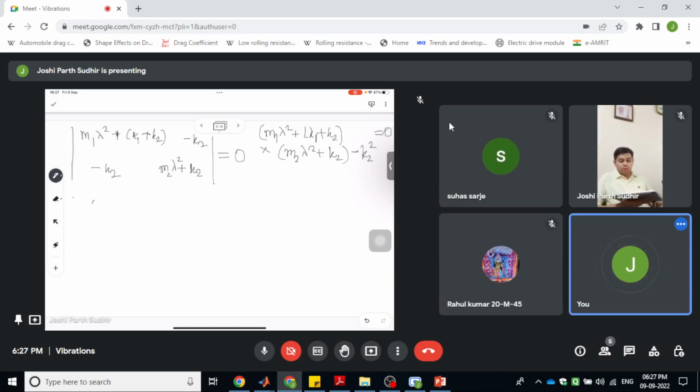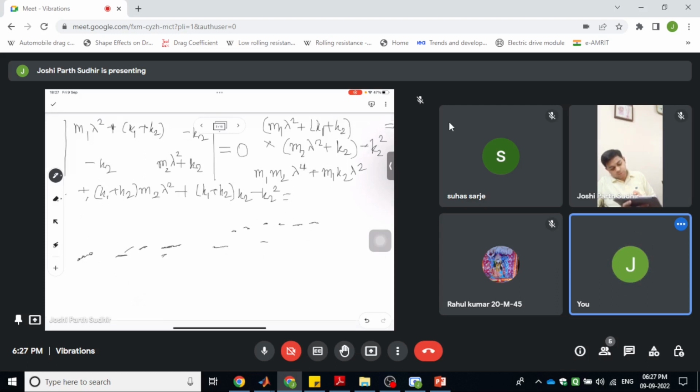It will be a fourth degree equation in lambda, and it will look something like this: m1 m2 lambda to the power 4 plus (m1 k2 plus (k1 plus k2) m2) lambda square plus (k1 plus k2) into k2 minus k2 square is equal to 0.